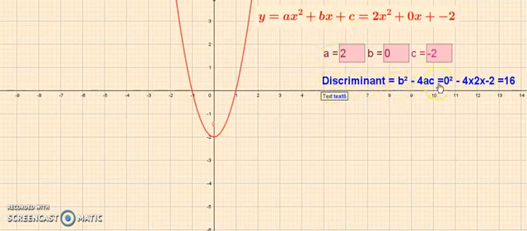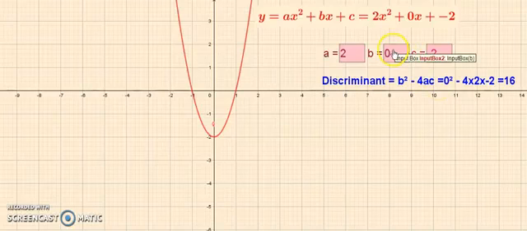So when we calculate it, here in this case b is 0, 0 square minus 4 into a is 1 and c is minus 2, and when we calculate it, we get 16. So right now 16 is a positive value. Let us try to change the values of a, b and c and observe the value of the discriminant and the graph. Let us see, children.